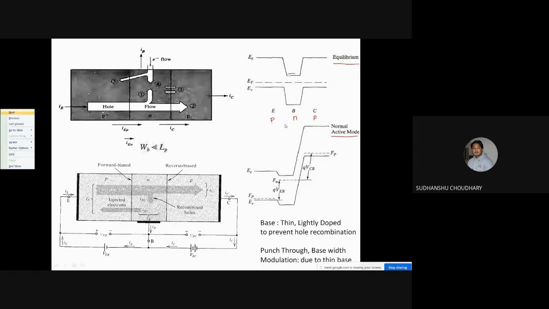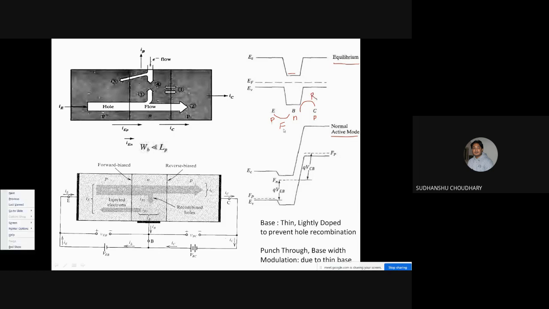Now let us try to make this transistor work in active mode. In active mode, you have to make the emitter base junction forward biased and the collector base junction reverse biased. I'll write F for forward bias and R for reverse bias.